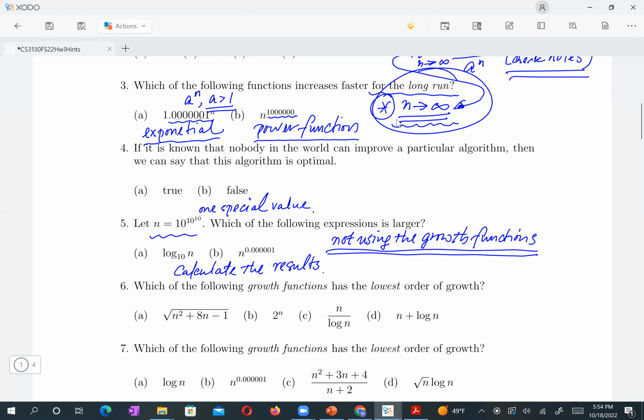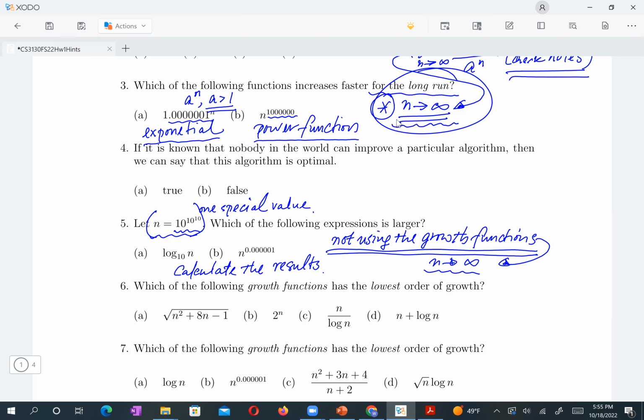We consider n grows, n goes to infinity. When we look at the growth function, we look at the behavior when n goes to infinity. Here, it's not the situation. Here, n does not go to infinity. n takes one special value, so that's not a growth function situation.